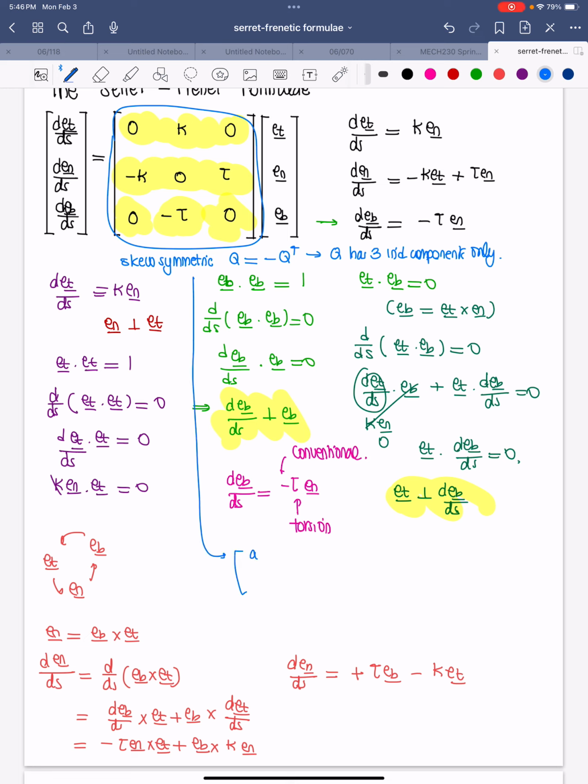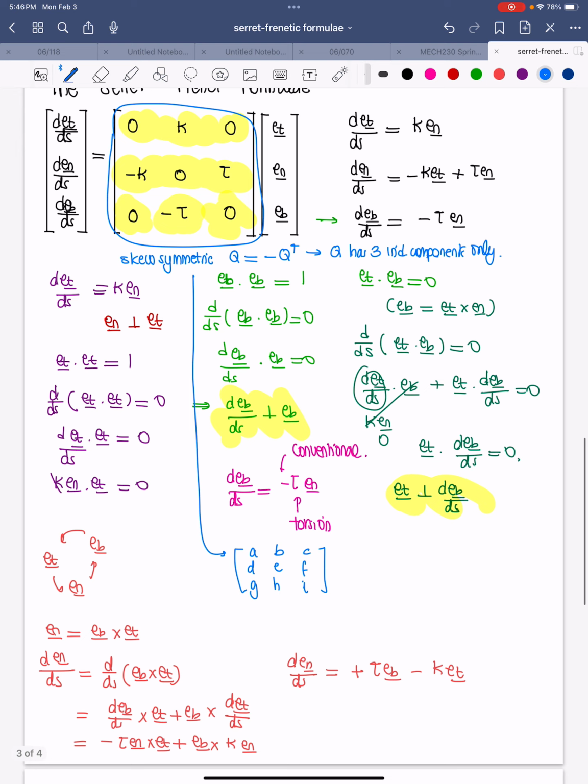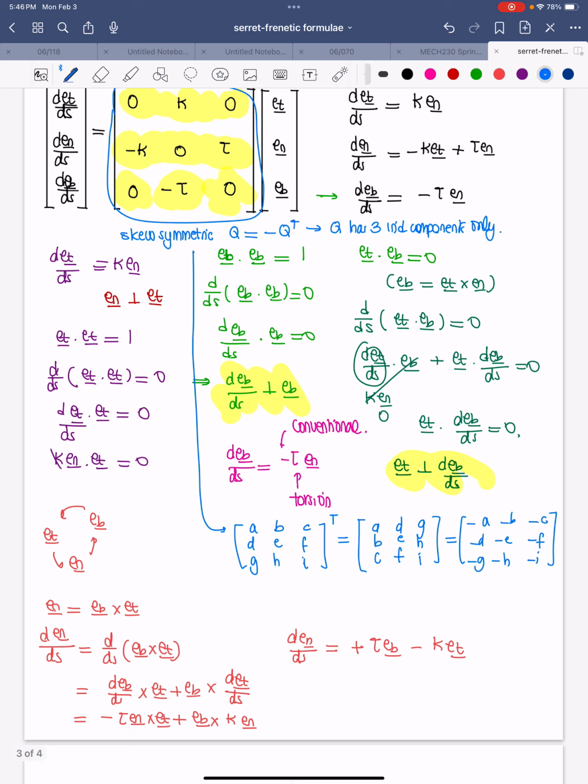If I have a matrix A, B, C, D, E, F, G, H, I, and it's skew-symmetric, then its transpose is equal to its opposite, meaning minus A, minus B, minus C, and so on. So that matrix that has 9 independent components, because of these equations, now only has 3 independent components.